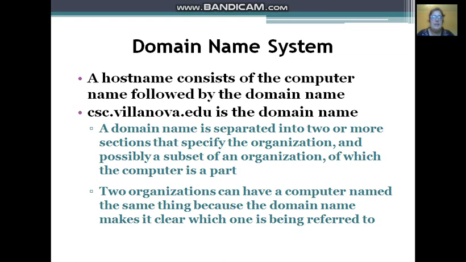A domain name is separated into two or more sections that specify the organization and possibly a subset of an organization of which the computer is a part. Two organizations can have a computer named the same thing because the domain name makes it clear which one is being referred to.